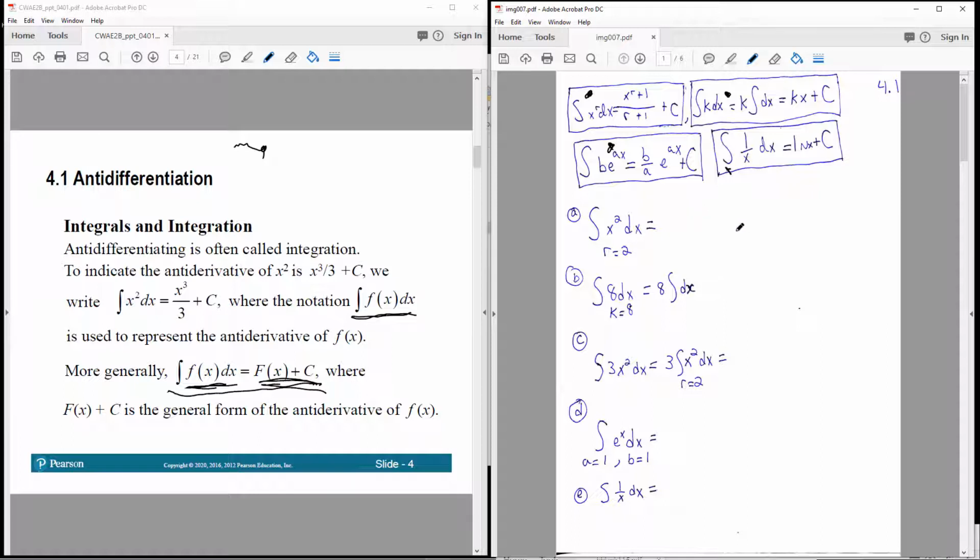When we write out the result of that one, r is 2. You're going to have x to the 2 plus 1 over 2 plus 1, which gives me x to the third over 3 plus c.